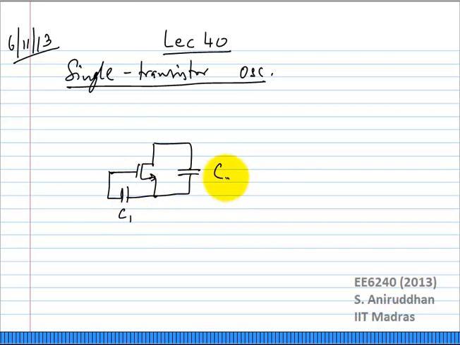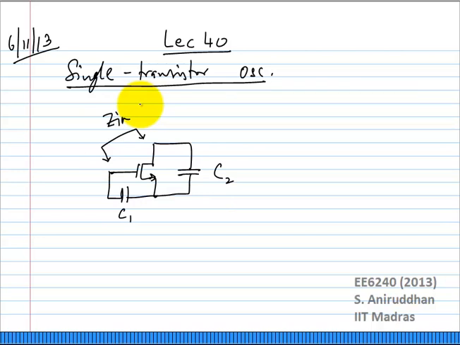I'll call this C1 and C2. Okay, and I'm going to look at the input impedance between the gate and drain nodes. Is that clear? I'm going to take this particular configuration.